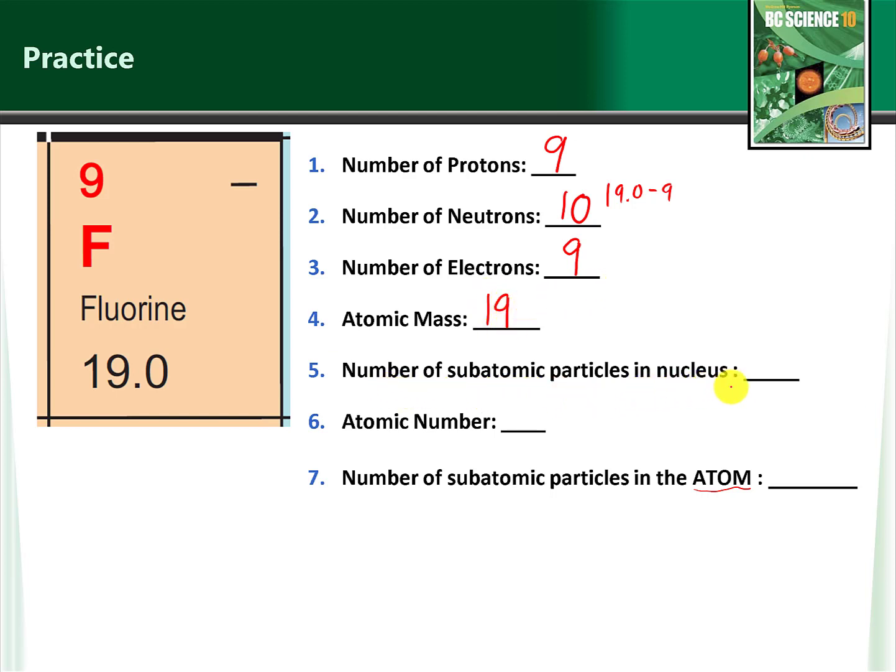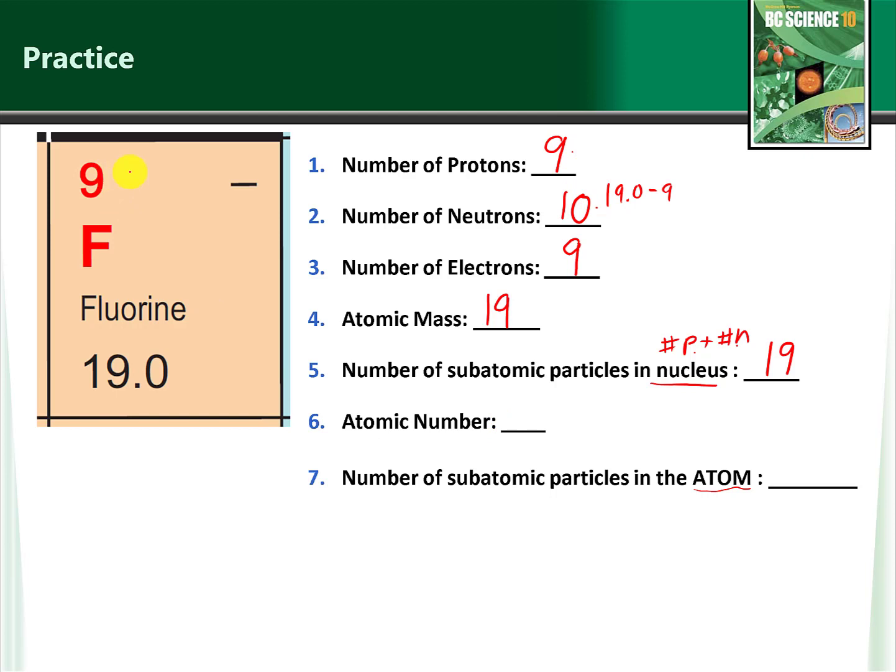The number of subatomic particles in the nucleus. That means the number of protons plus the number of neutrons, because in the nucleus, that's the protons and neutrons. And by the way, the number of subatomic particles is these two, which is also the mass. So it'll be 19. If you wanted to do it, you could add up the 9 and the 10.